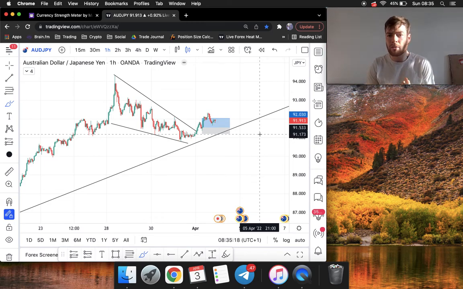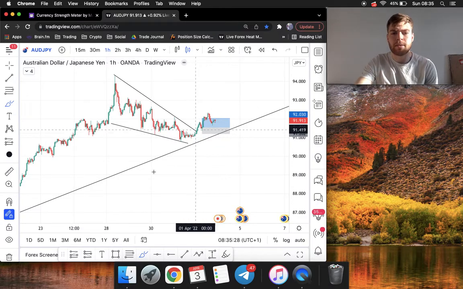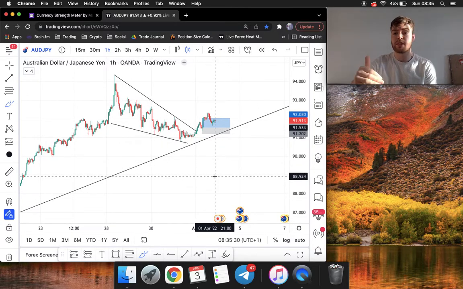There's an occasion where I might hold a trade till the end of the day, but in most cases I like to be in the market for a few hours. So like I said, I drop down to the 1 hour as my indication of when to enter that trade.